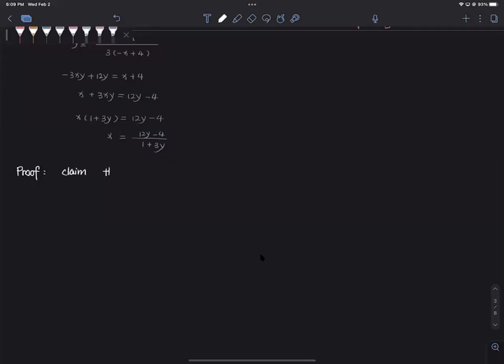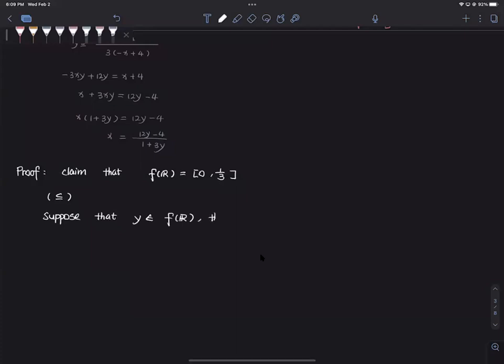So claim that the image f of R is from 0 to 1/3. And you do the first inclusion. Suppose that y is in the image.